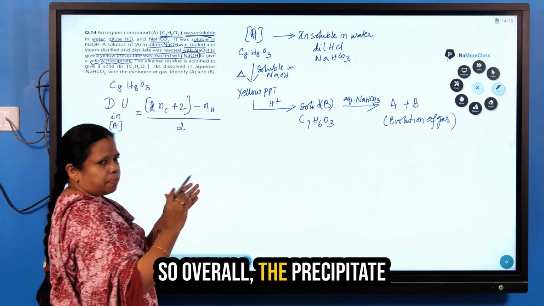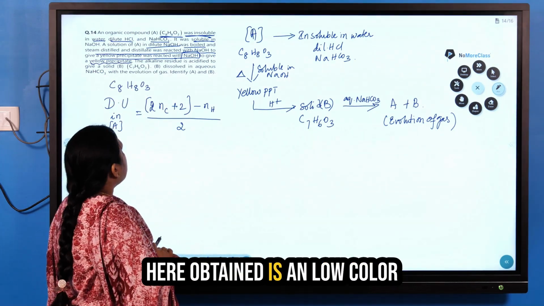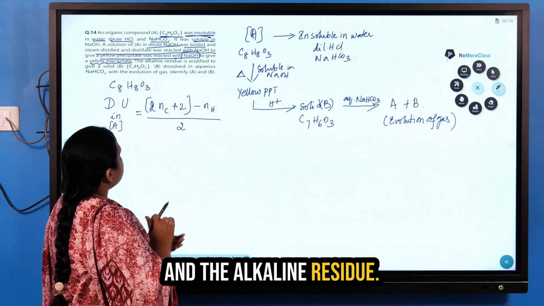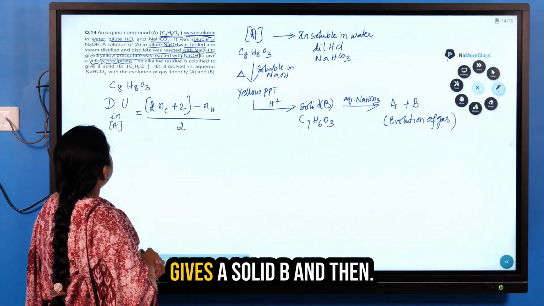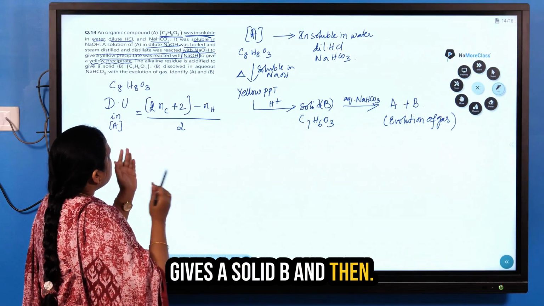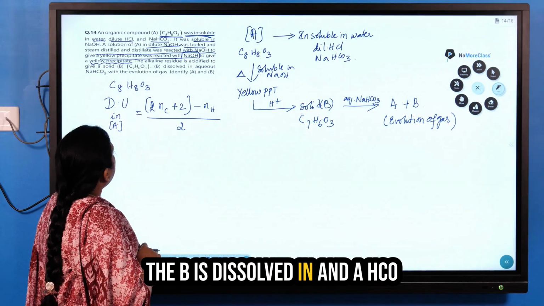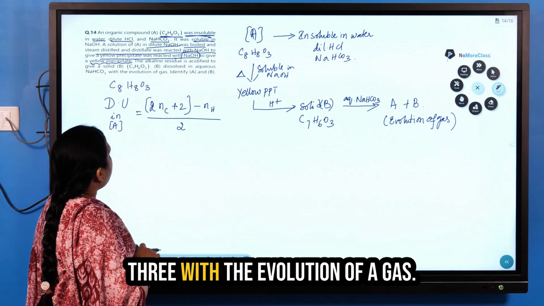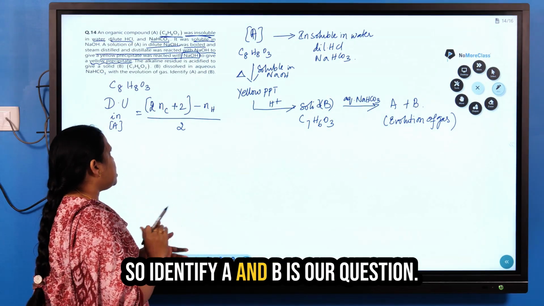So overall, the precipitate obtained is yellow in color, and the alkaline residue, when acidified, gives a solid B, and then B dissolves in aqueous NaHCO₃ with evolution of a gas. So identify A and B is our question.